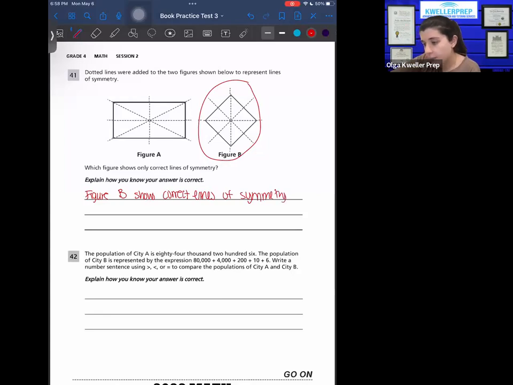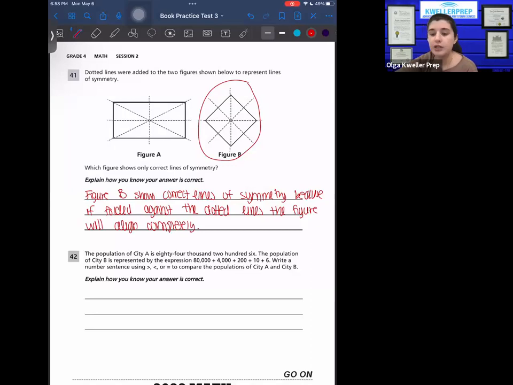And then you explain it because if folded against the dotted lines, the figure will align perfectly. Right? Something like that. Or you could say because if A is folded in half, the two parts will not coincide exactly.